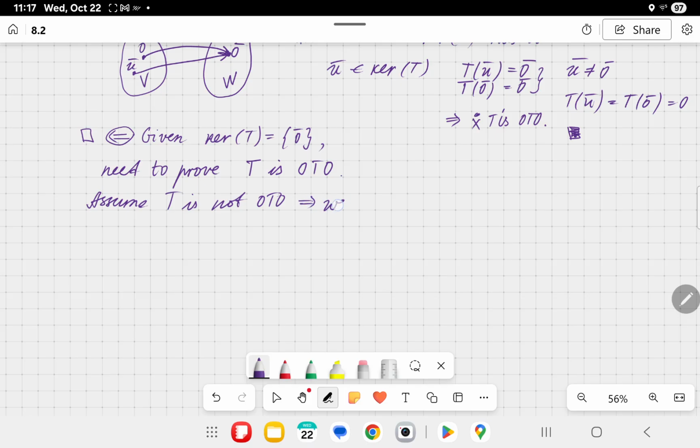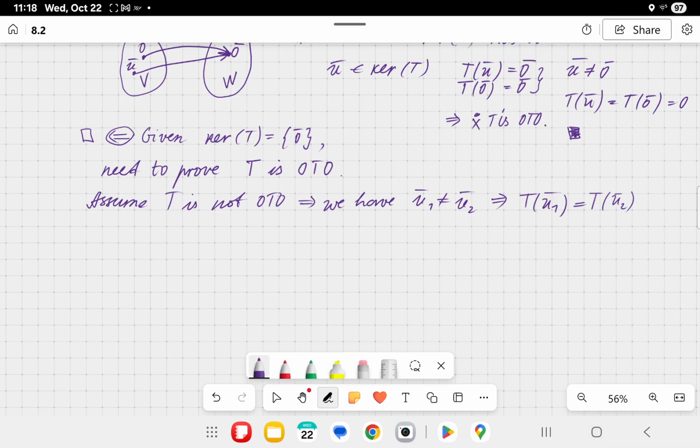Then we have u1 not equal to u2, for which T of u1 is equal to T of u2. This is just the negation of the statement of 1 to 1, right?